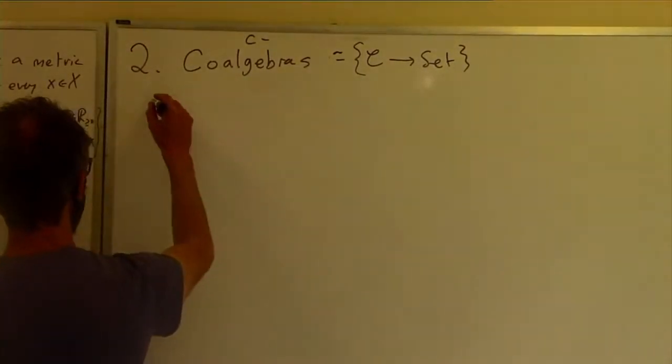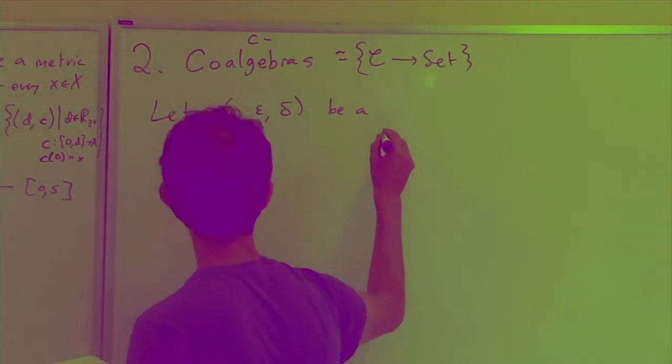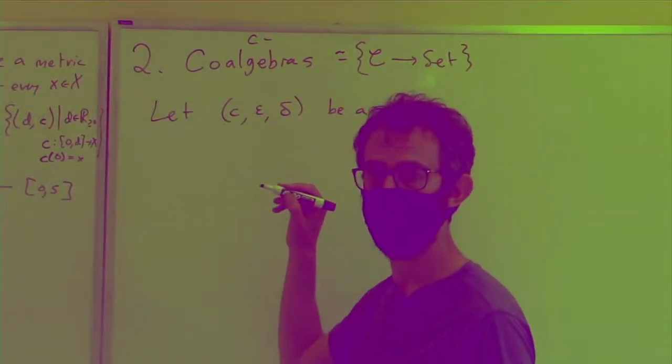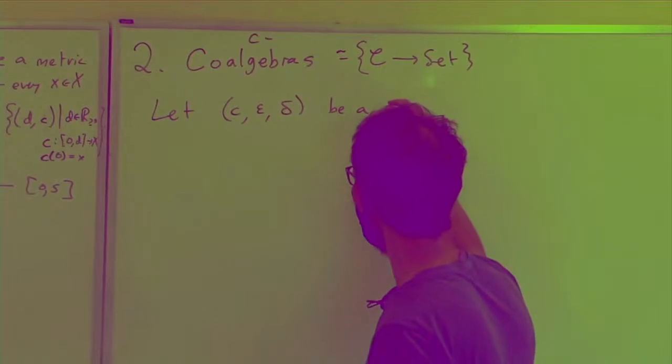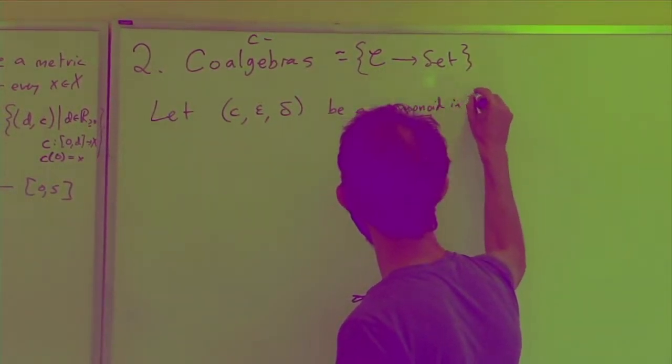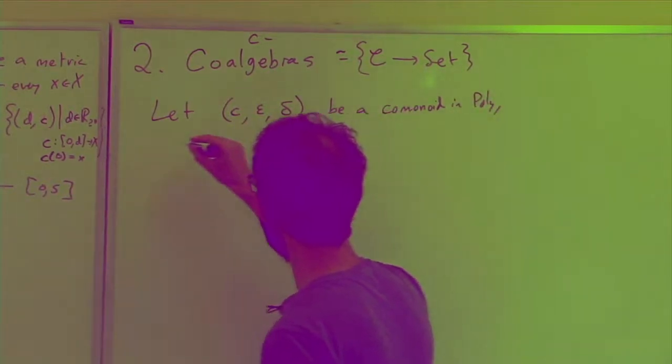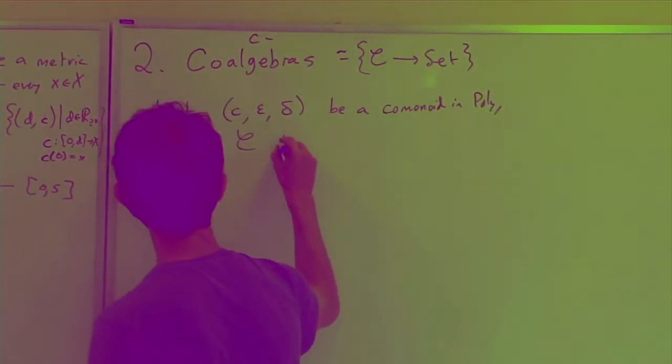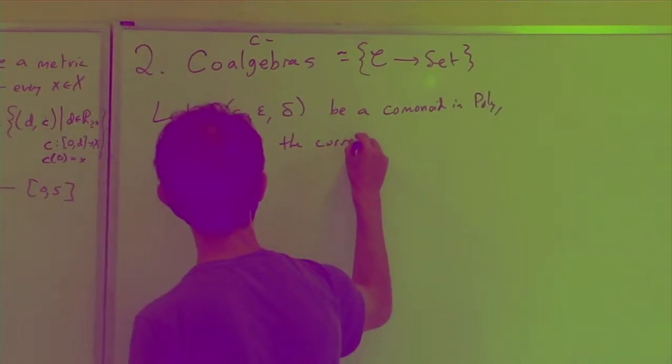Let C be a comonoid in poly, and C the corresponding category.